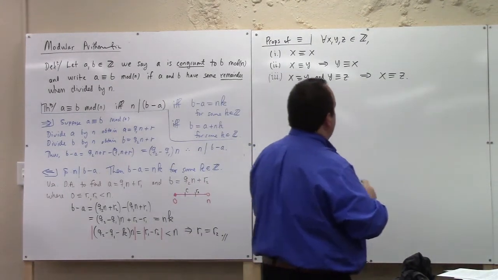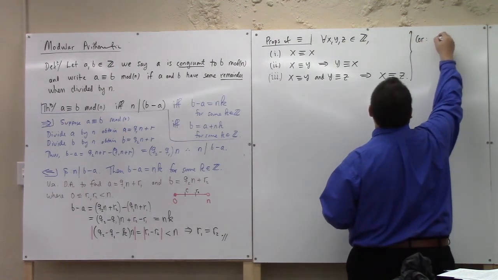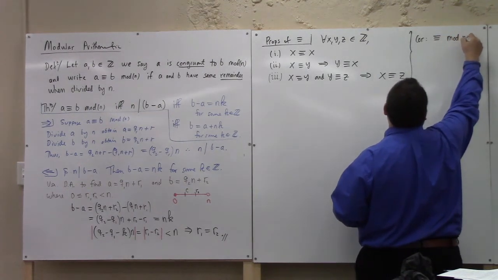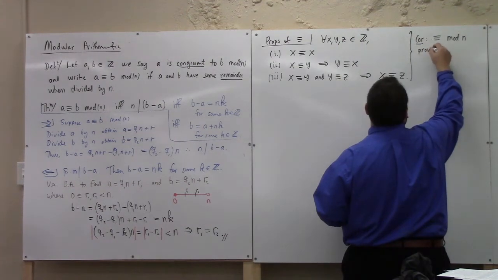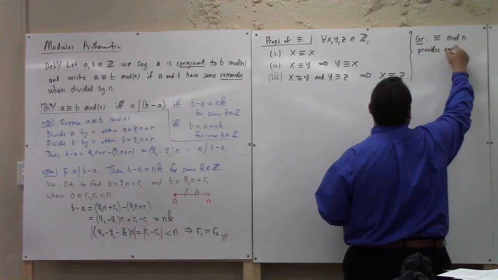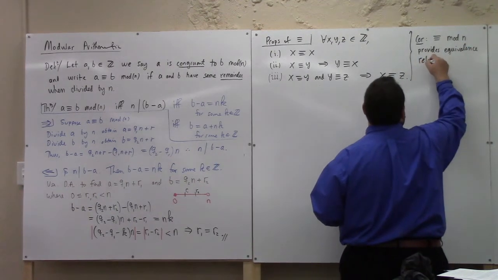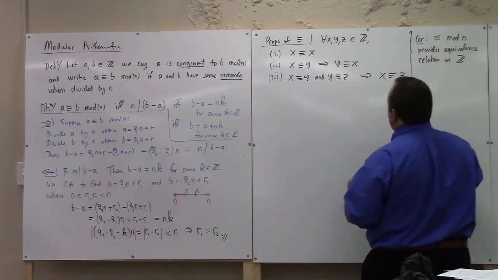So collectively, this gives me the corollary that congruence mod n provides an equivalence relation on the integers, right?